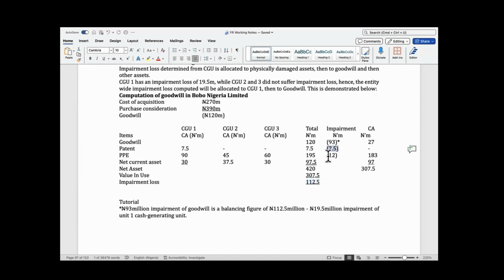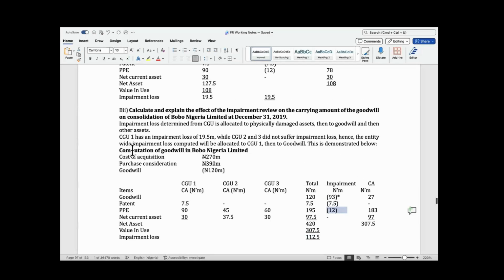For patents and PP, I take away the 7.5 and 12. That is what I explained here: CGU1 has an impairment loss of 19.5, while CGU2 and 3 did not suffer impairment loss. I was able to say that because they didn't tell me anything to the contrary; I cannot assume that they are impaired.